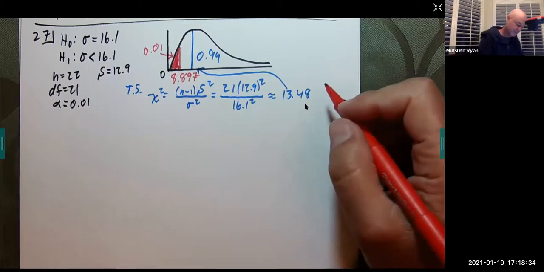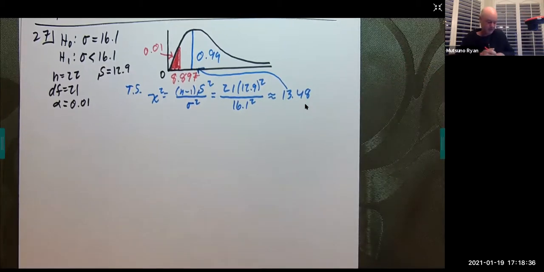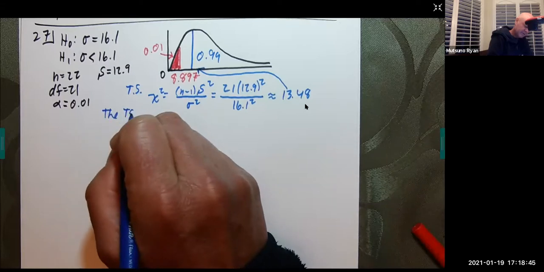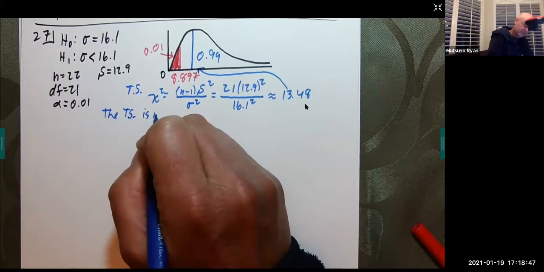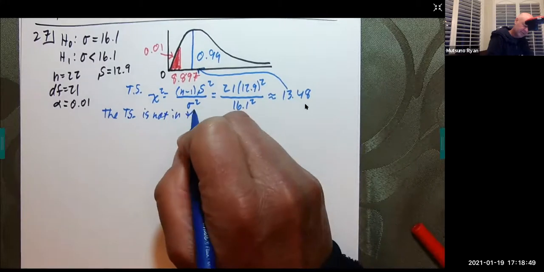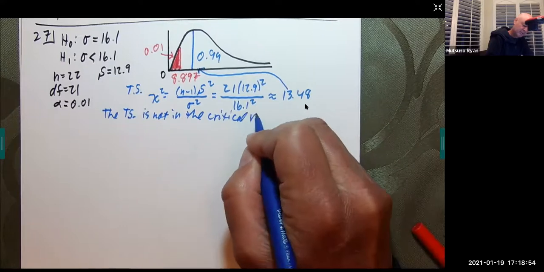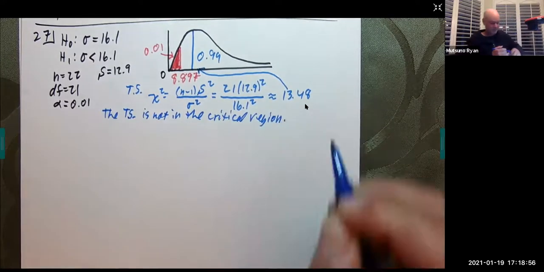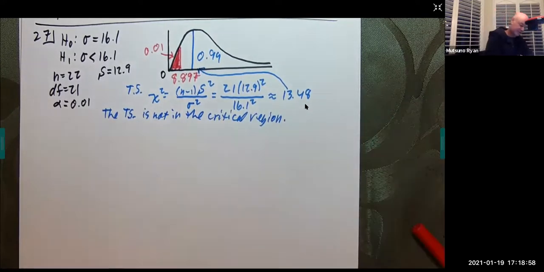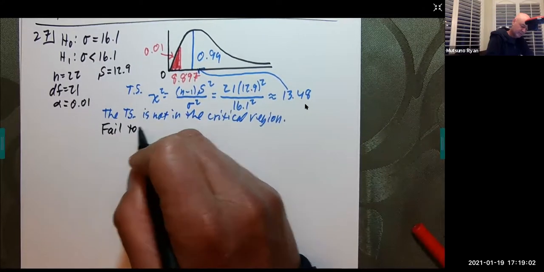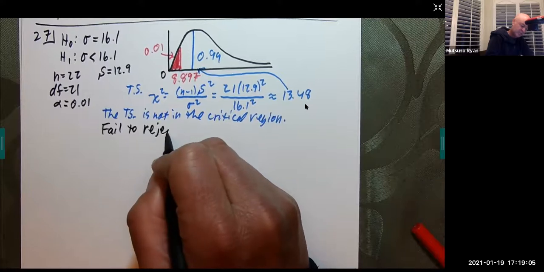So the test statistic is not in the critical region. So fail to reject the null hypothesis.